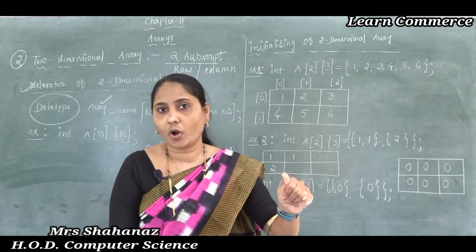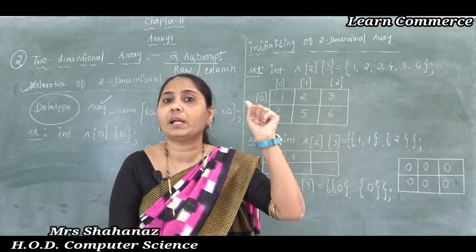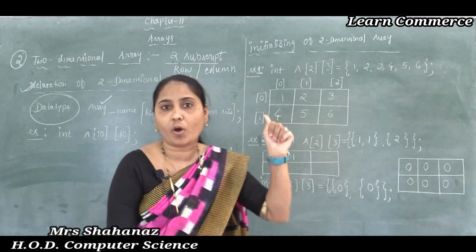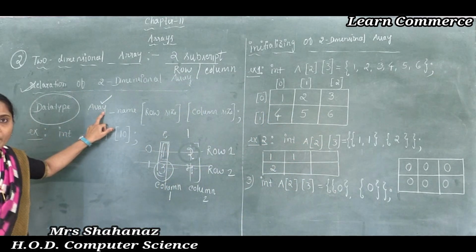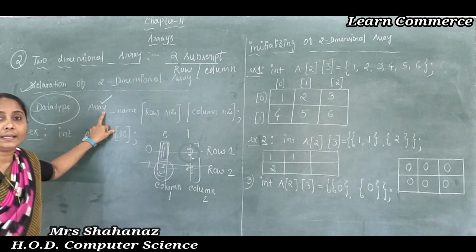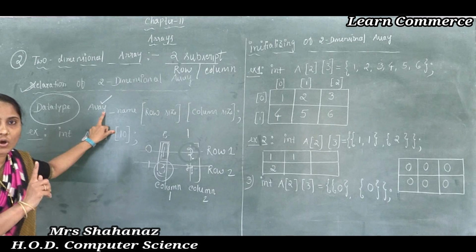But in an array, one variable contains a collection of values. So the array name is a common name shared by all the elements of the array.